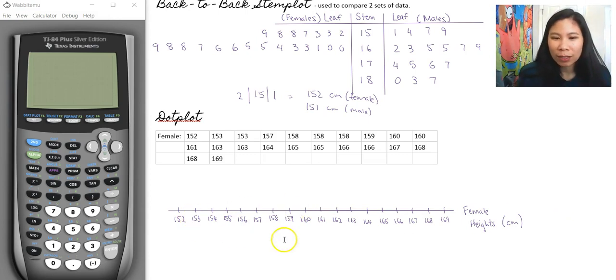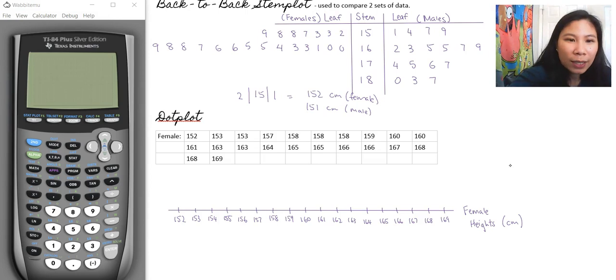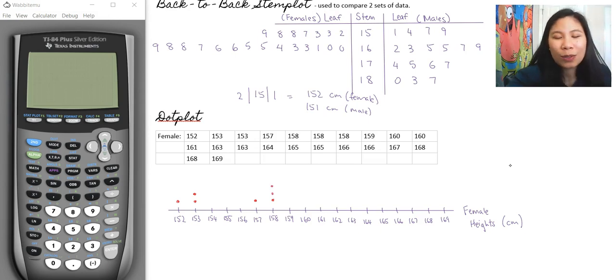So once we have our x-axis set up, then we're just going to make dots above every number where we have a data point. I'm going to start with the 152 because that was my first data point, and on 152 I'm just going to place a dot there. Then I have 153, another dot there, another 153, so I put a second dot on top of 153. Then my next data point was 157, so I skipped down to 157, put a dot. 158 occurs 3 times, so I'm going to have 3 dots on 158.